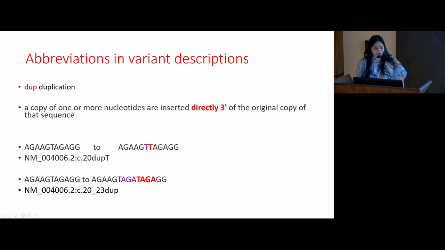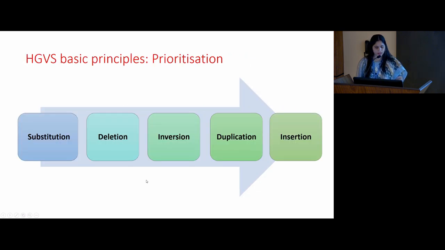Again we have to remember that among these, if we follow the 3' rule, this is the one which is duplicated and not this one. There is a prioritization rule in HGVS where we prioritize substitution, deletion, inversion, then duplication and insertion.